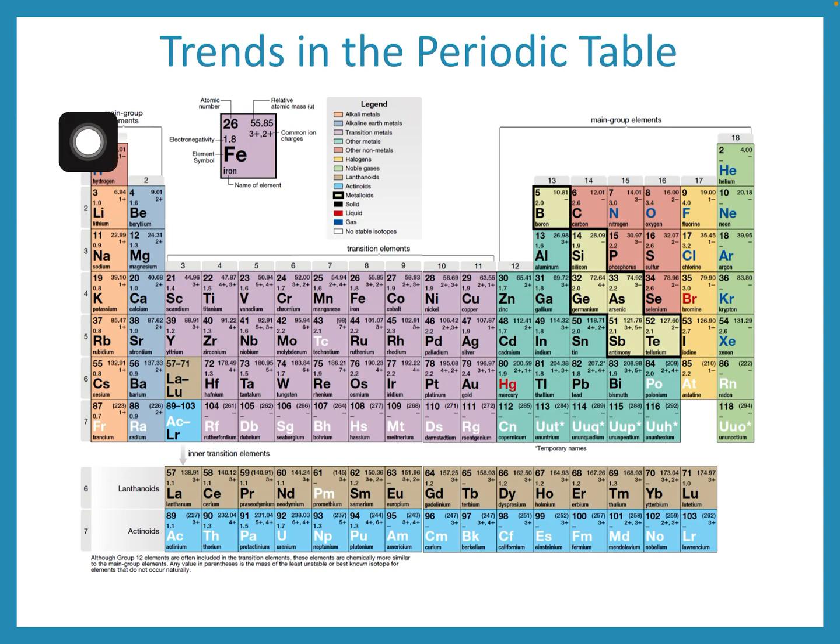What we also noticed is that as we move down a group, because we keep adding another level of electron orbitals, or another energy level, that increases the size of the atom. However, as we move across a period, even though the number of protons and electrons increased, we were on the same electron shell, so we weren't increasing the number of energy levels.